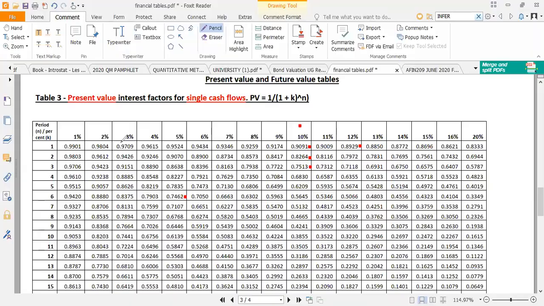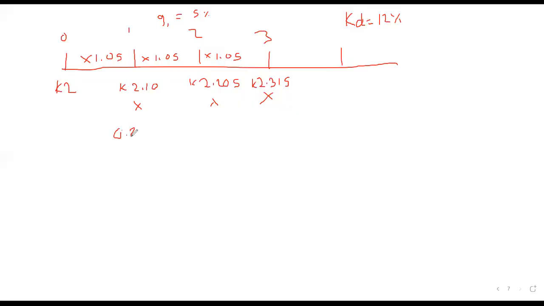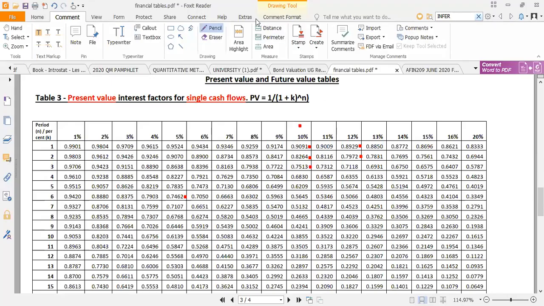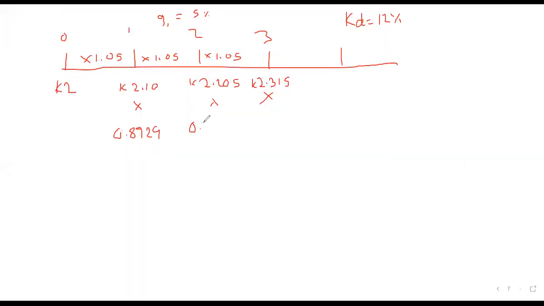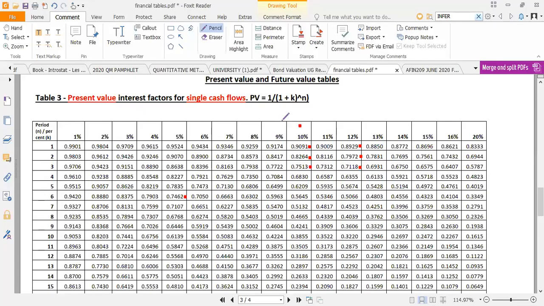The second one, 0.7972. And the last part would be 0.7118.